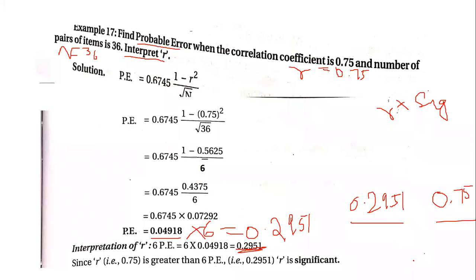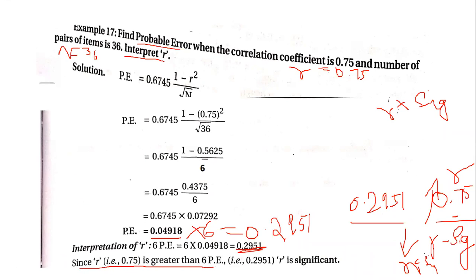If 0.75 is greater, then R is significant. Okay. If R value is greater, then R is significant. If R value, if at all it is less, then R is not significant. So since R 0.75 is greater than 6 PE, that is 0.2951, therefore R is significant.